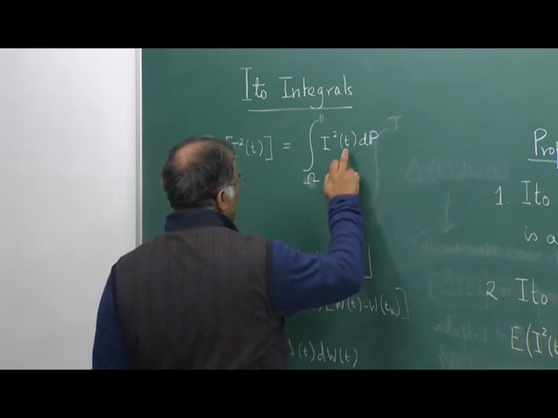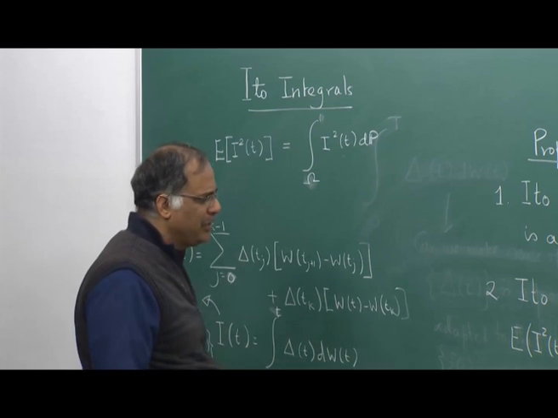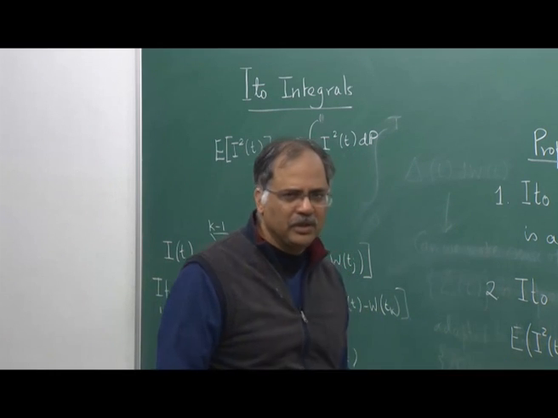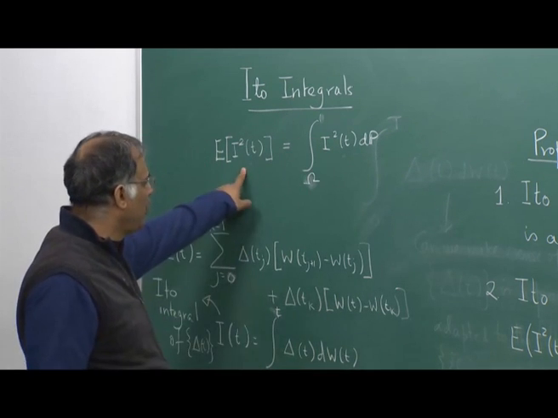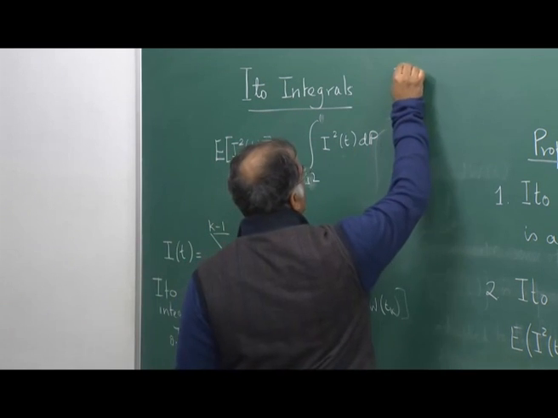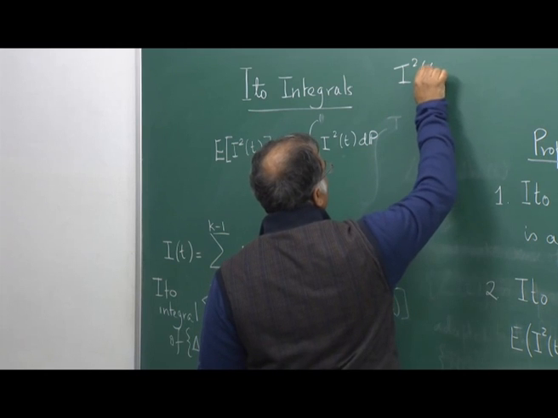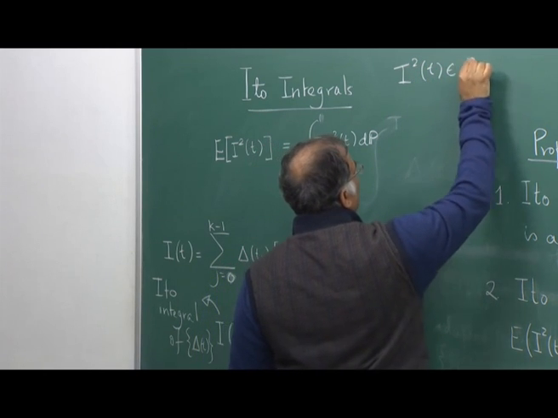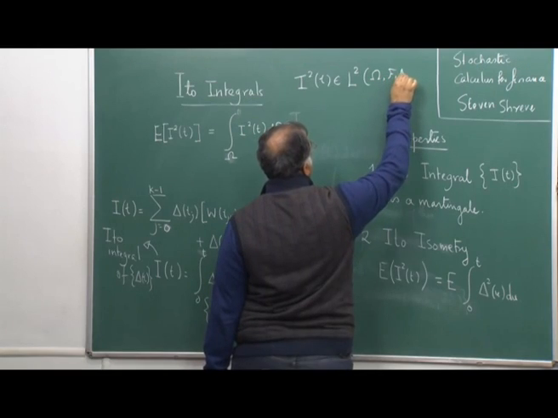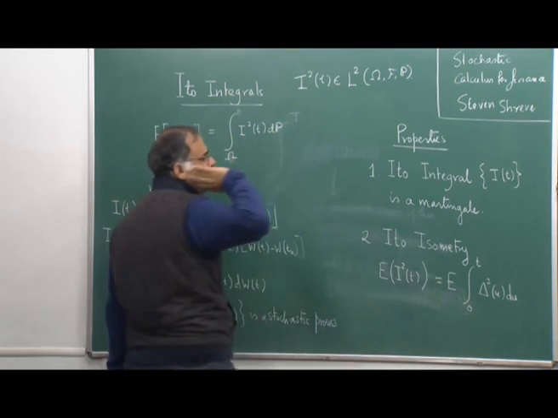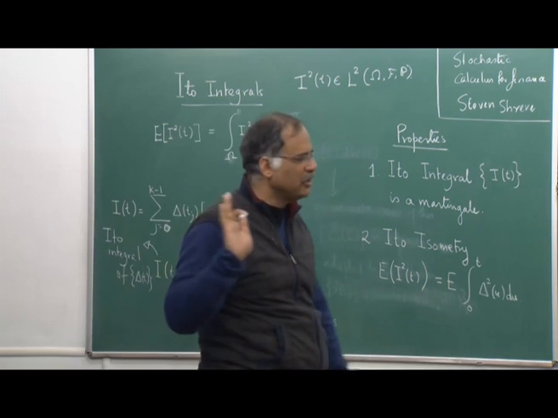Because you are assuming that this is finite, once you assume that this is finite, you are assuming that I square t actually belongs to the L2 space. This is only for those who know this functional analysis.